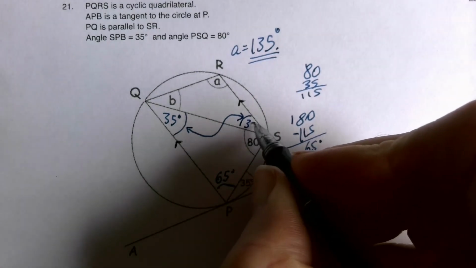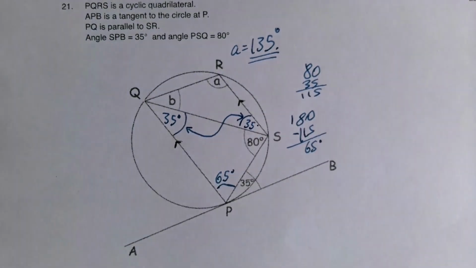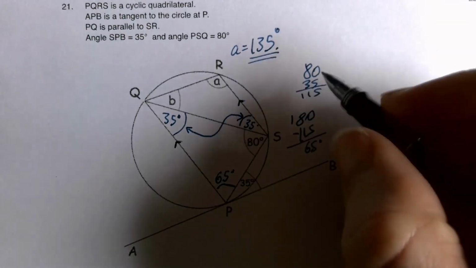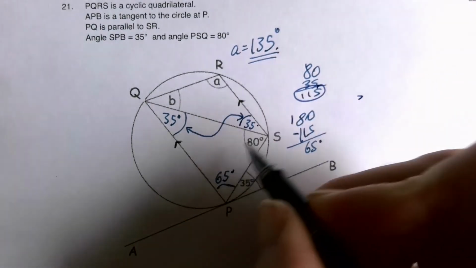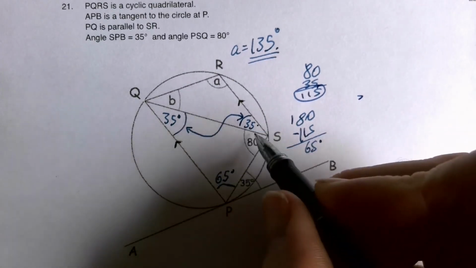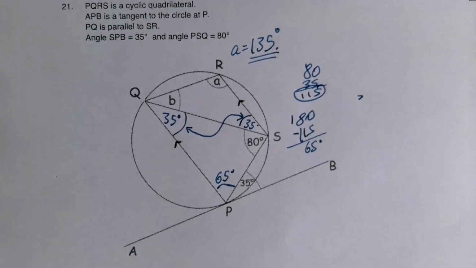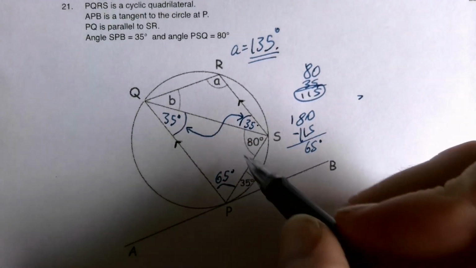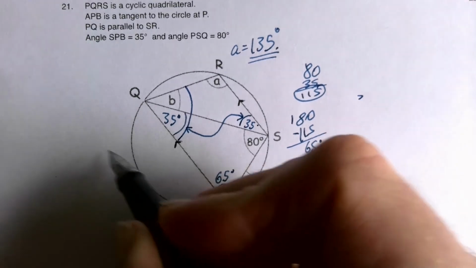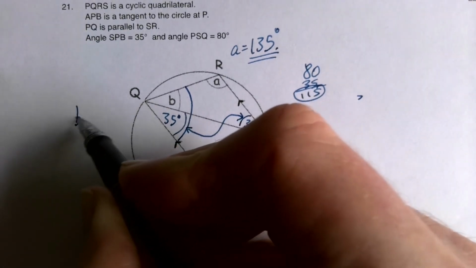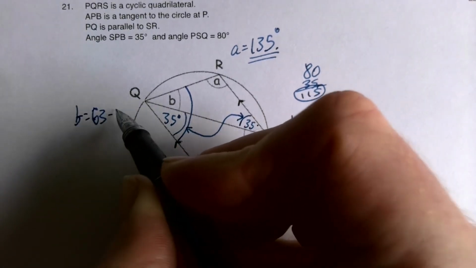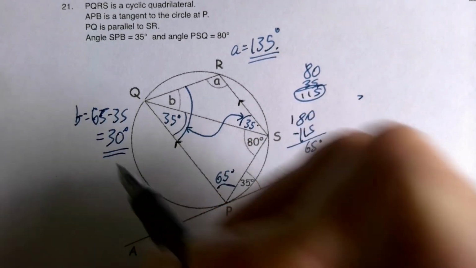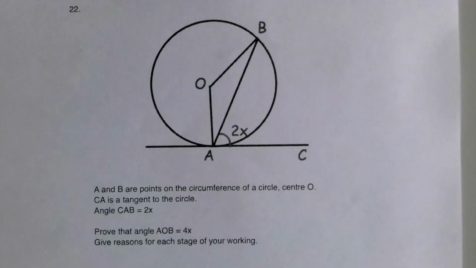So that must be 35 degrees. So this is 35 plus 80 we've already done as being 115, so these two must add up to 180, and so this whole bit here must be 65, so B equals 65 take 35, which is 30 degrees.